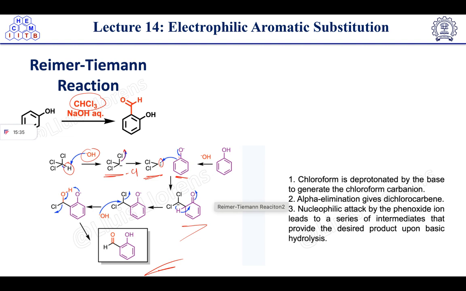It will push electrons here and this ring will attack on the carbene to form this type of intermediate. After getting this one, now the negative charge will be here because these two lone pairs are not participating in bond formation. This benzene ring is donating a pair of electrons to form the bond, right? So that's why negative charge will generate over here.